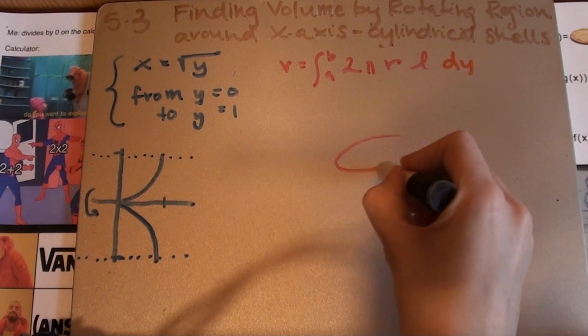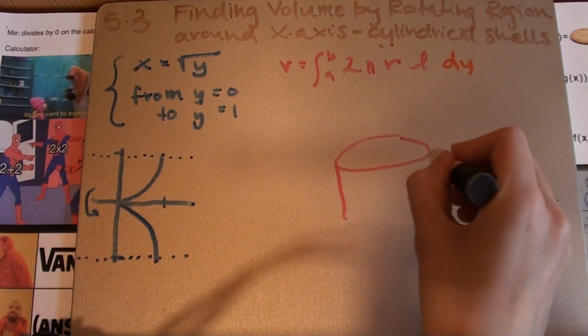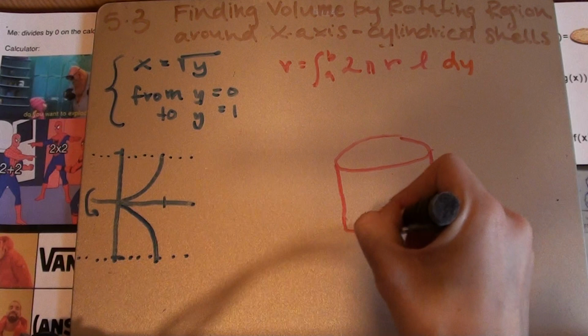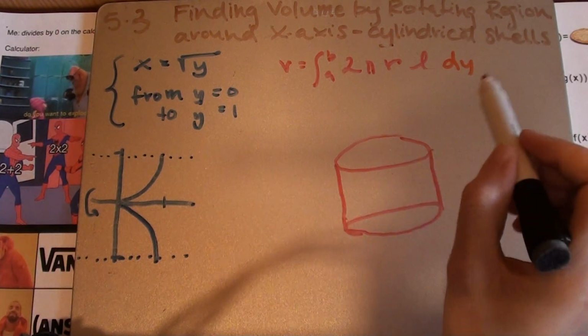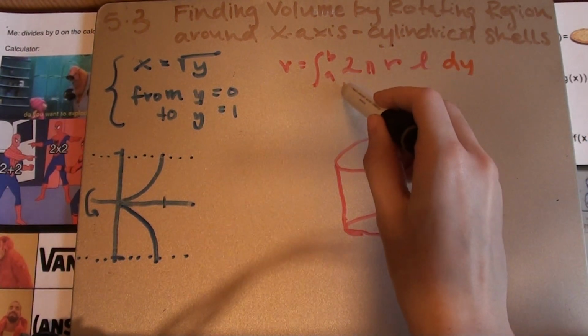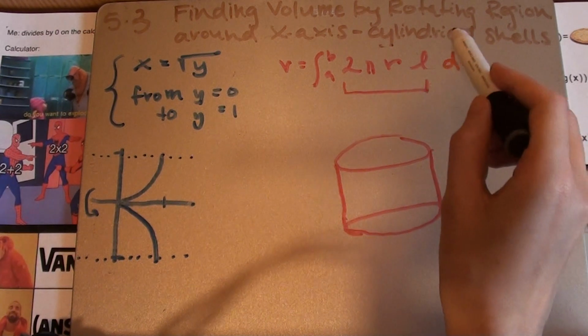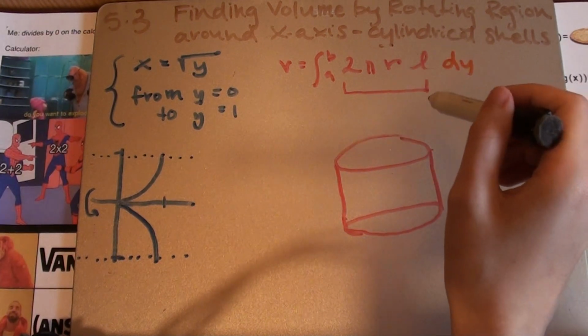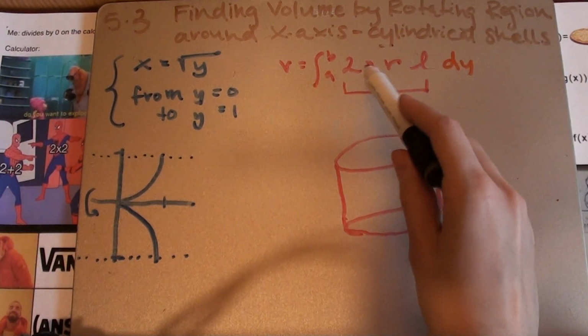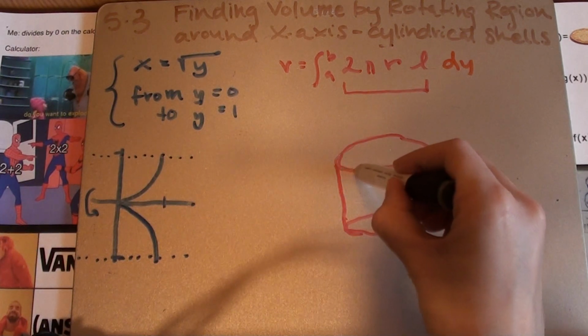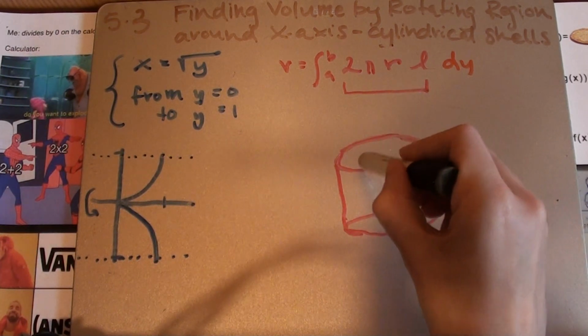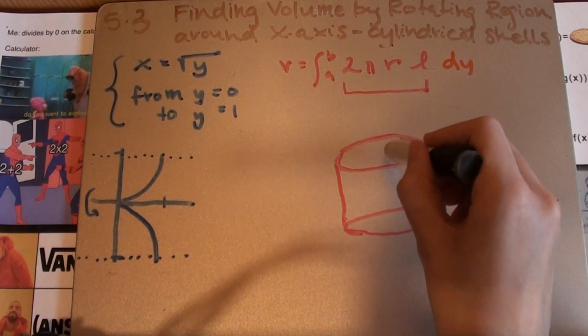Because what we see is that if we have a cylinder, right, this is our cylinder, this right here is part of the equation to tell us the surface area of a cylinder. So you have 2 pi r, so that tells you your radius around the top. Not the radius, excuse me, your circumference.